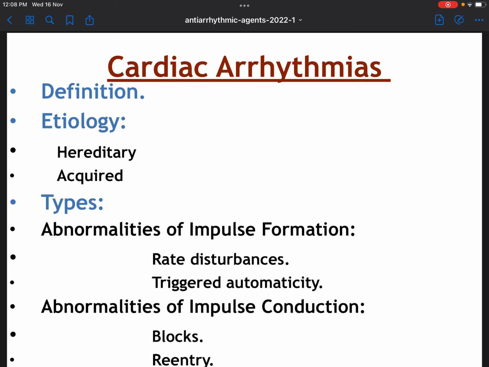And with regards to arrhythmias, if we have problems in the rate of the automaticity of the SA node, we're going to either have an increased rate above 100, tachycardia or tachyarrhythmia, or a decreased rate below 60, bradycardia or bradyarrhythmia.